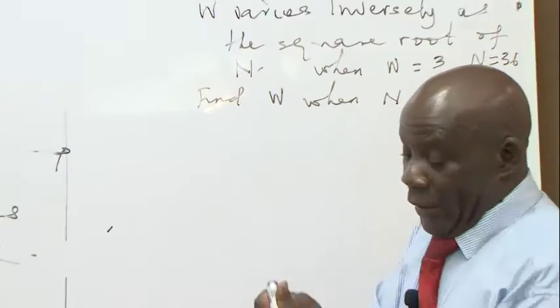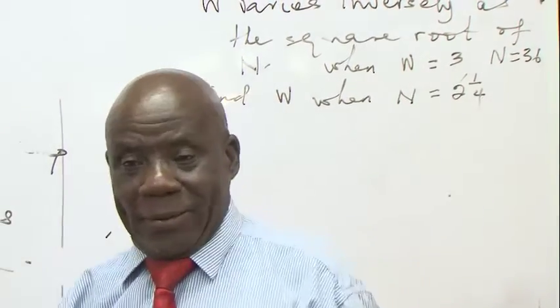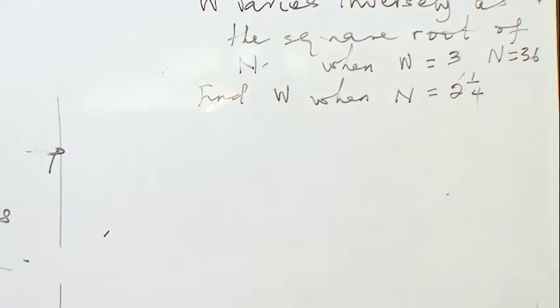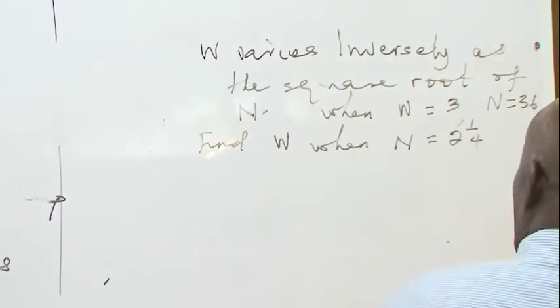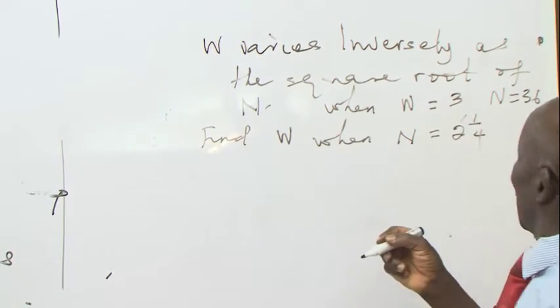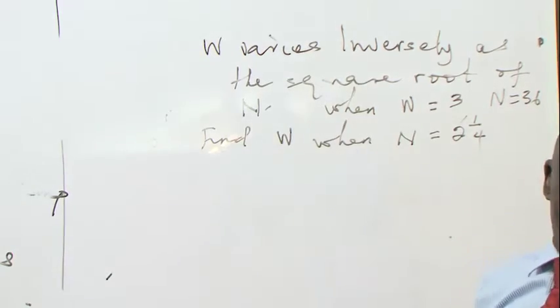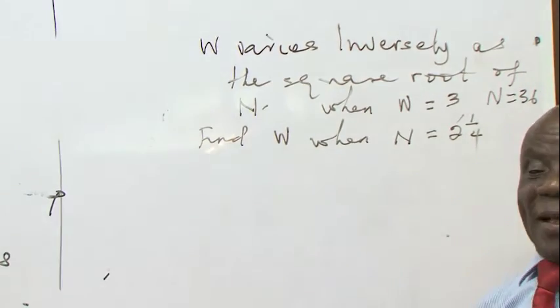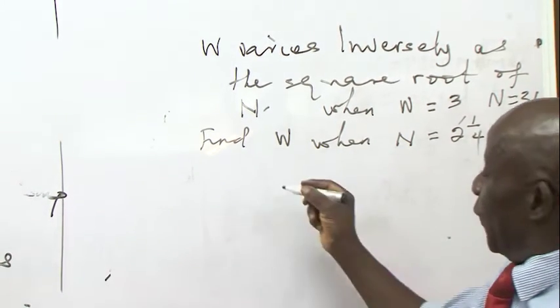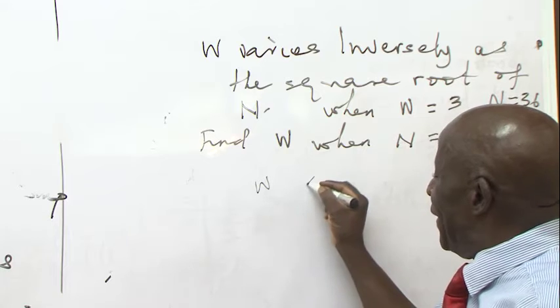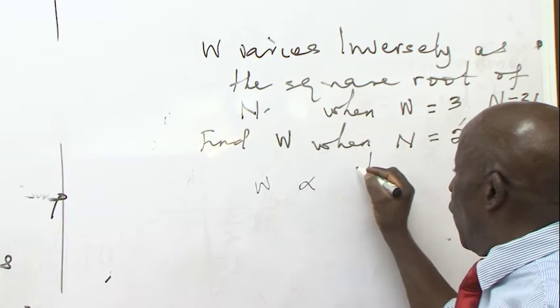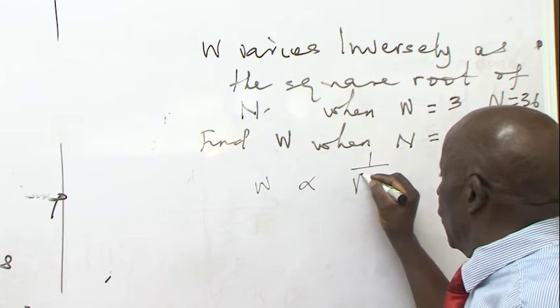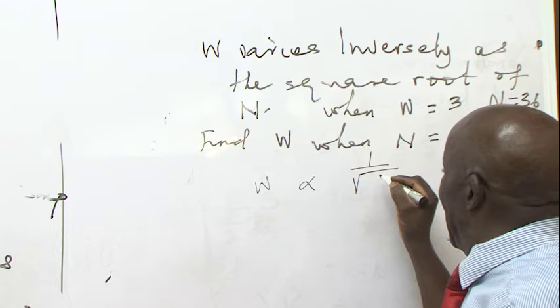You know, when a question is given, don't panic. Just understand what to write down. In this case, let's look at it quickly. Interpret, because that interpretation to equality at your level is 2 marks. You first say W varies inversely. That is 1 over square root of n.